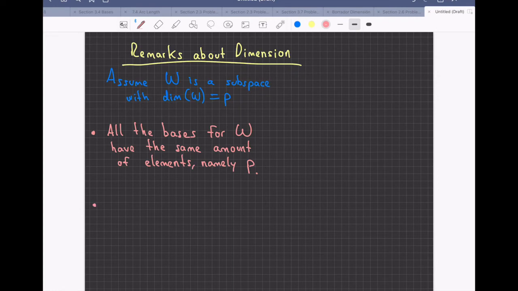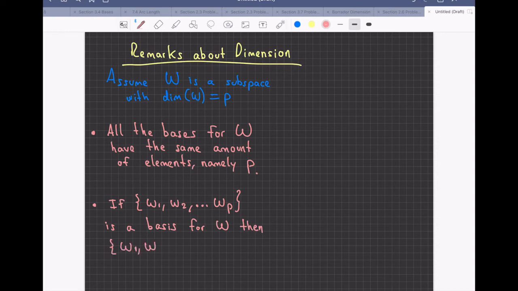Other remark, if the set w1, w2, and so on, wp is a basis for W, then if you add only one more vector, notice I have wp, I added one more, w(p+1).